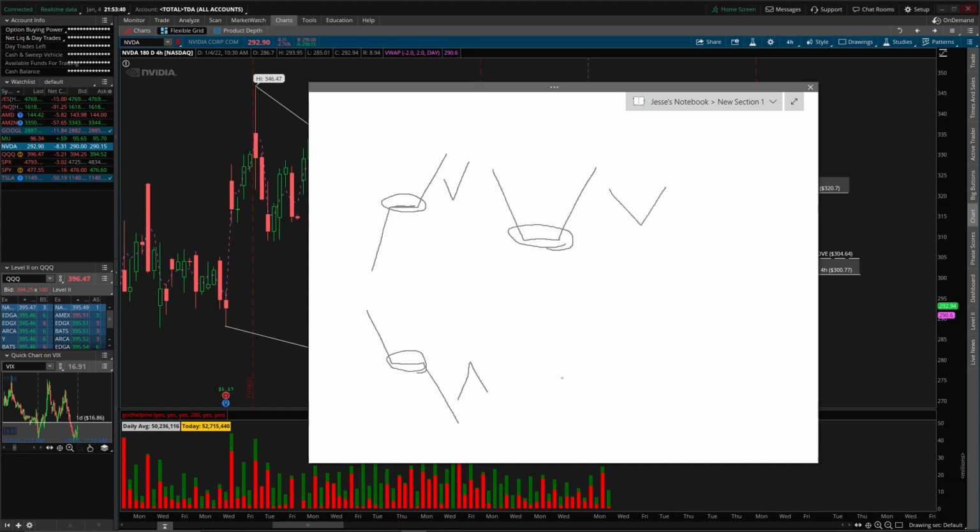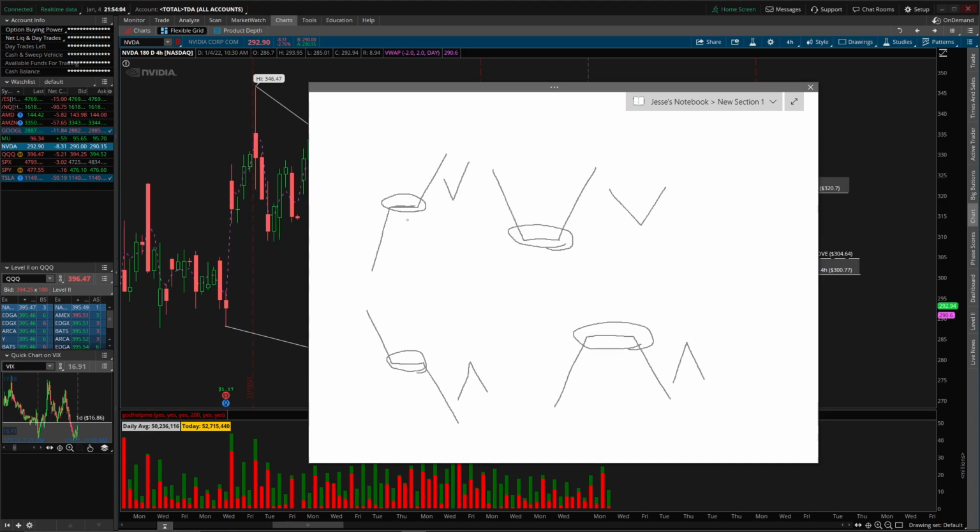And then also another way to get supply is by having a rally to the upside, a basing period, consolidation, sideways action, and then followed by a drop. And again, if price ever reaches that level again, it's very likely that these orders are going to get triggered and they're going to push price in the opposite direction, okay?